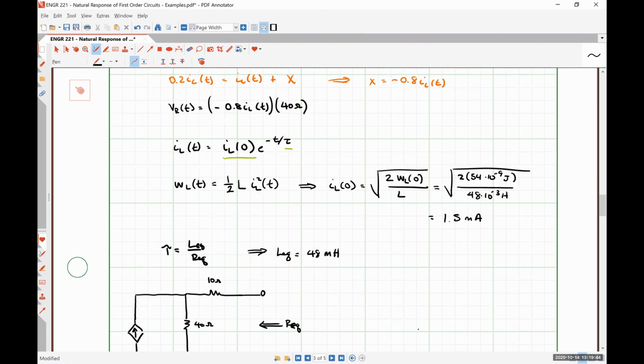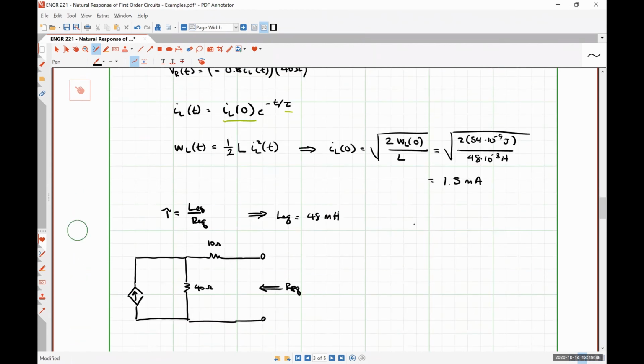This is IL over 5. And this guy is IL. So unfortunately, we have a circuit with a dependent source that we're going to have to be looking at, which is going to make this analysis slightly more difficult.